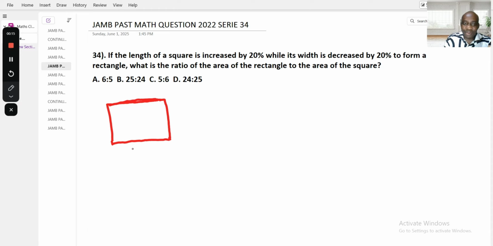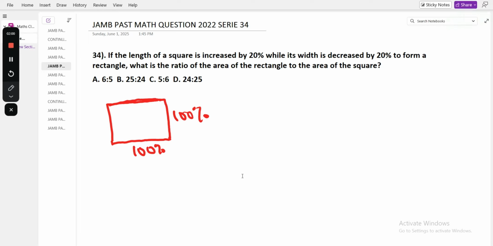Therefore, every original number should be what? 100%. This side will be 100%. The other side will be what? 100%, because a square has equal sides. The original side we don't know, which is 100%.